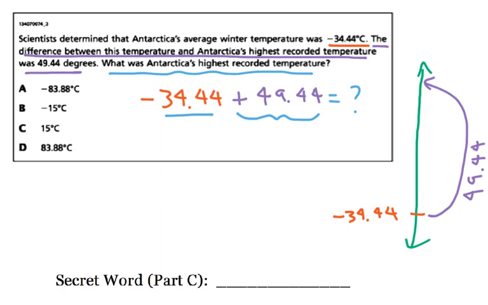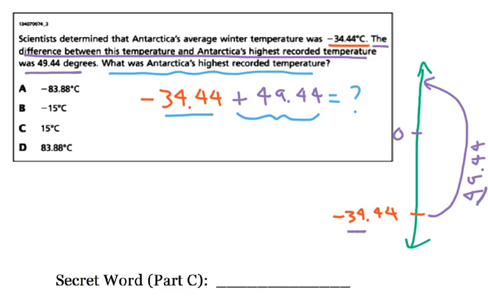All right, so once you figured out that we're starting at negative 34-ish and going up 49-ish, the problem becomes pretty straightforward. Because I know that we're going to pass 0, but we're not going to pass 0 by too much, right? Because we had to go up 34 to get to 0, and then we're only going up a total of 49, so we only have a few left.